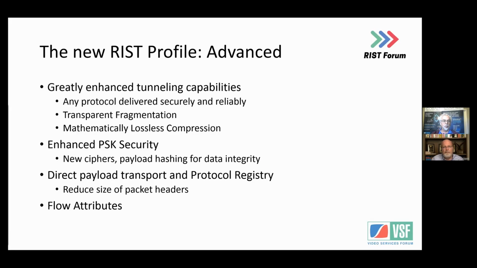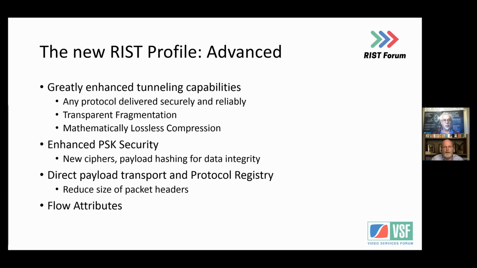So the main reason we decided to keep pushing with this is that we felt that there were some things that we were off to a good start with in the Main Profile and in the Simple Profile, but we needed to do some things, particularly in the area of tunneling, okay?